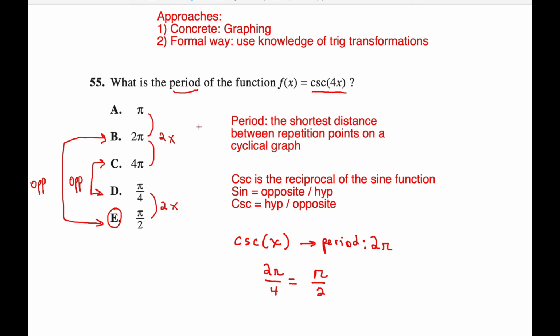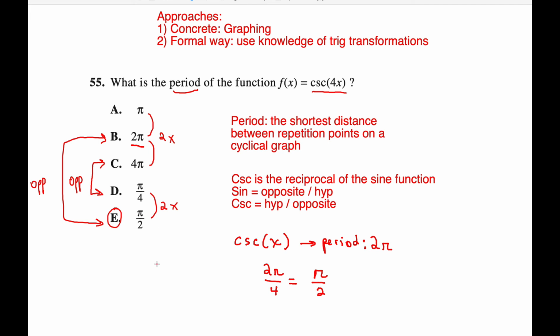Let's take a look at the wrong answers, which might make more sense now that we've talked about the formal way of doing it. Answer choice B, for example, could reflect just getting the standard period of cosecant without any transformation, because we had said that that was 2 pi. Answer choices C and D, which both have the 4 in them, could reflect the mistake of thinking that the period of cosecant is actually pi instead of 2 pi.